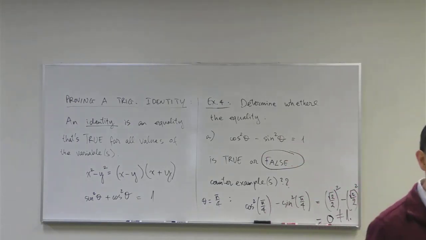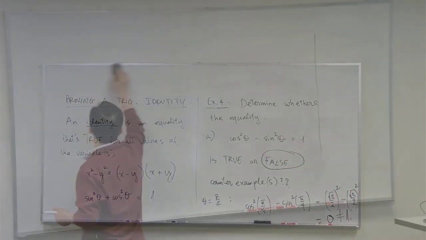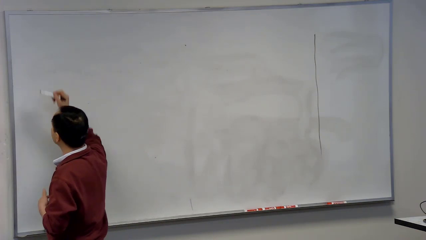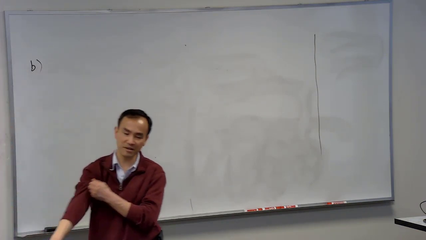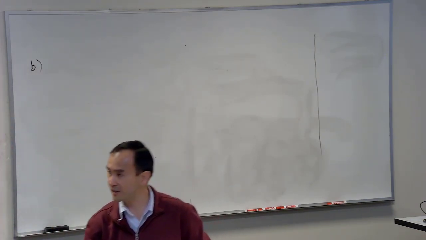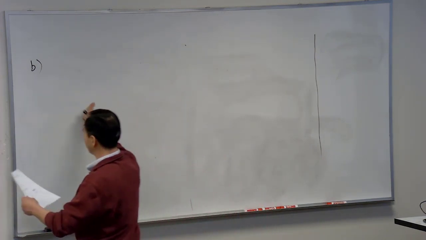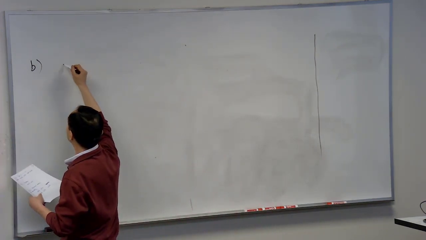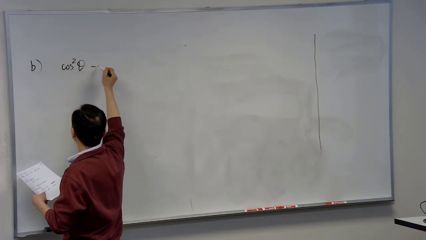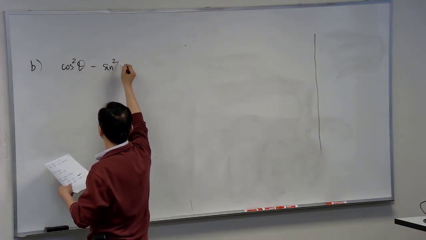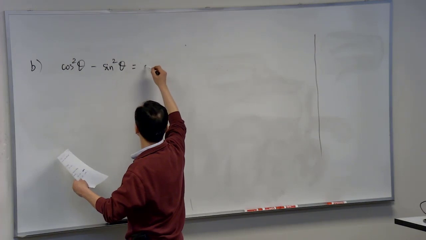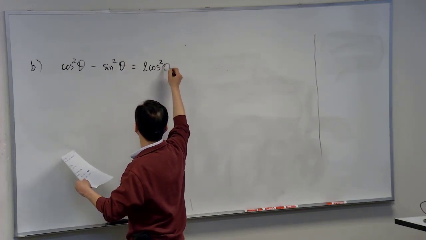But let me bring in another one, still in the same kind of problem. Let's call it part B. We still want to determine whether the equality given can be a true identity or a false one. So how about cosine squared of theta minus sine squared of theta equals 2 cosine squared of theta minus 1?